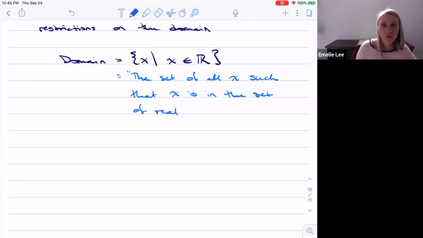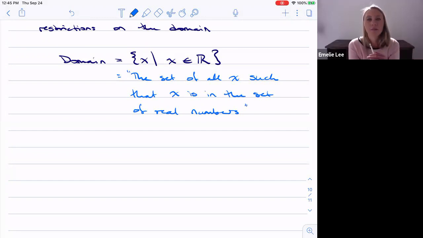This is kind of where we started, but that was, what, 2 weeks ago? Maybe it was only 1 week ago. Anyways, just remembering that notation. So if there are no restrictions on the domain, then that's how we say it, right? This is going to be a pretty common domain to have, so just get used to seeing it.